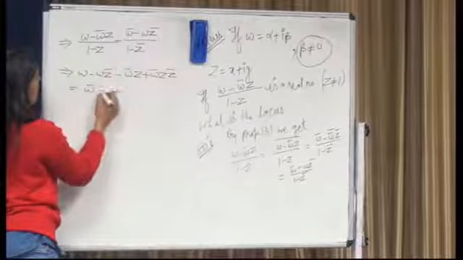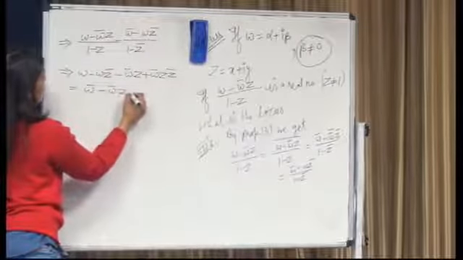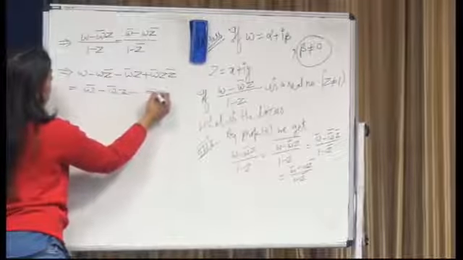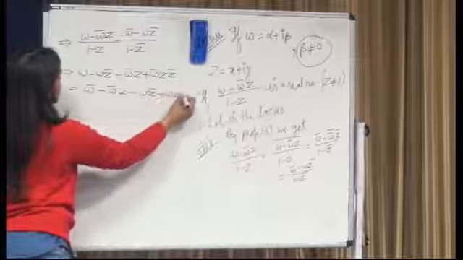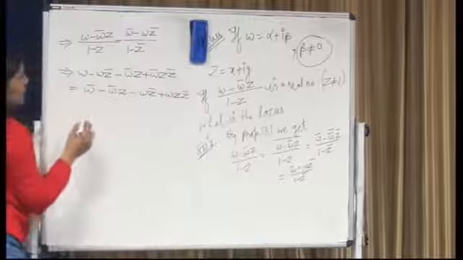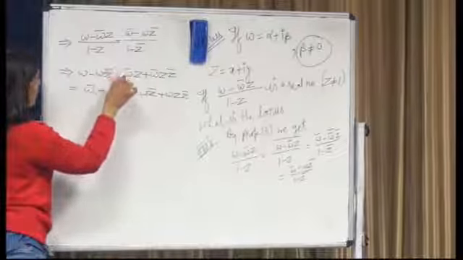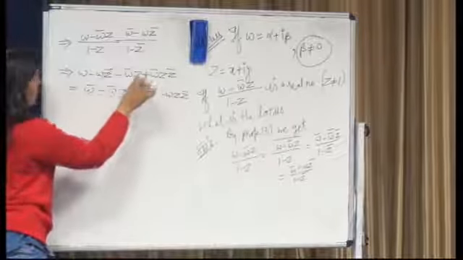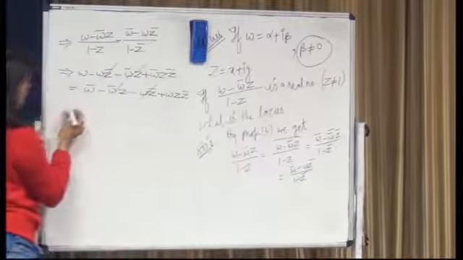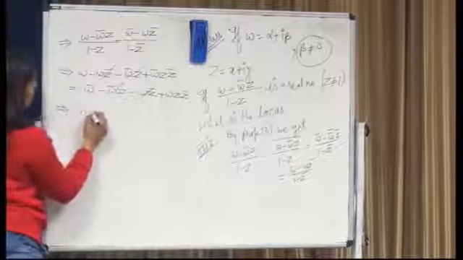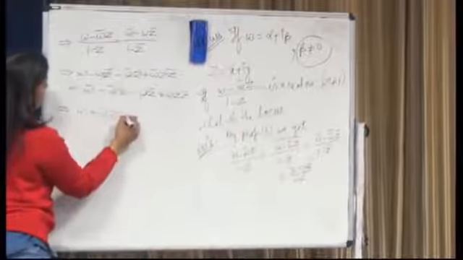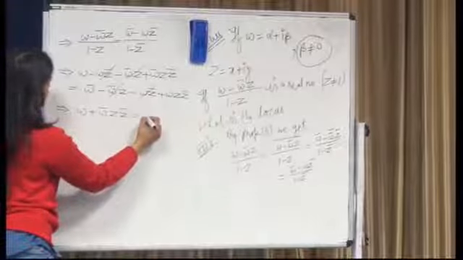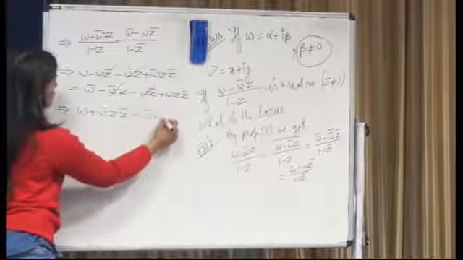So w bar minus w bar z minus w z bar plus w z z bar. Which terms are getting cancelled? This one with this one with this. So we are left with w plus w bar z z bar and then plus.